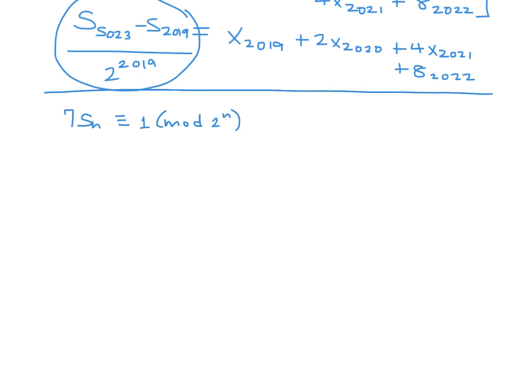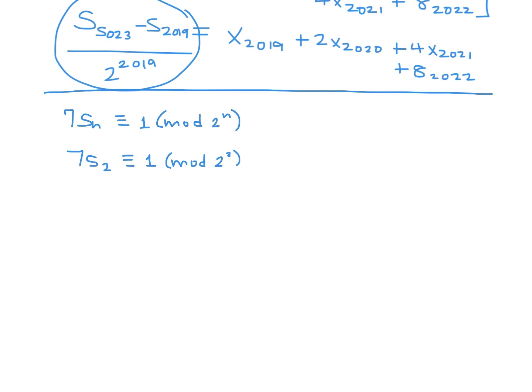All right, so let's give some examples. For example, if you have n equals 2, this would be 7S2 is equivalent to 1 mod 2 to the power of 2, like that. Yeah, that's a correct interpretation.